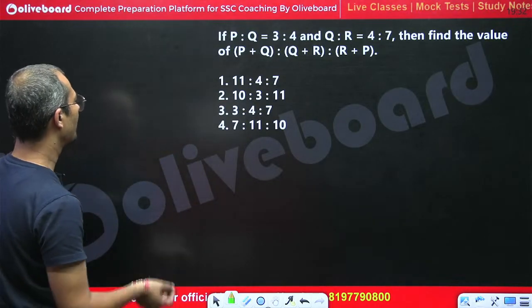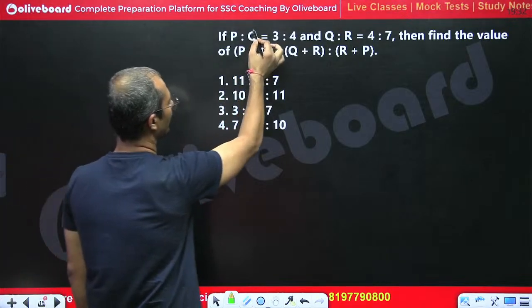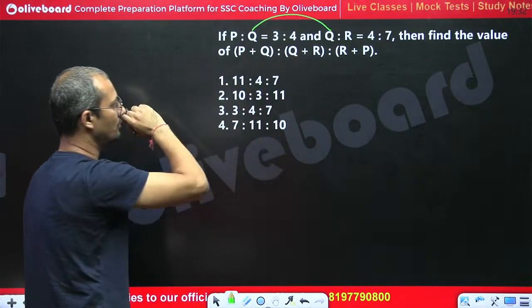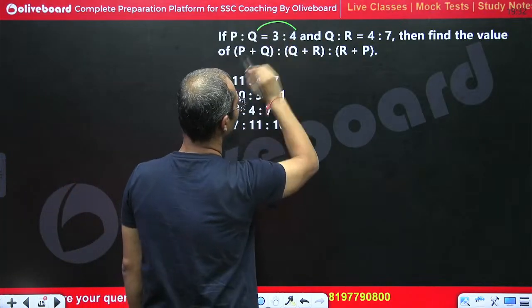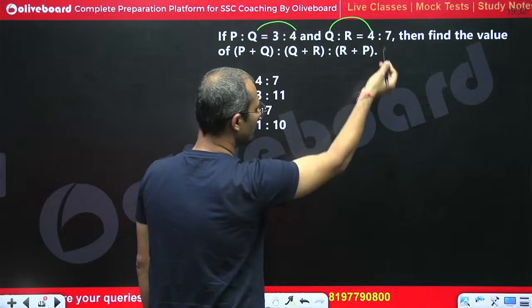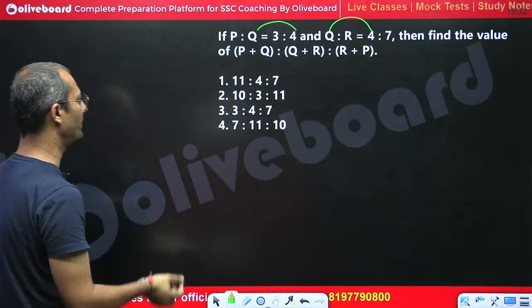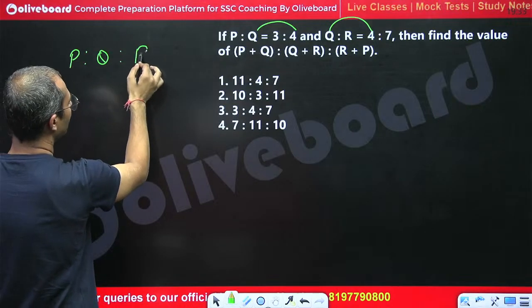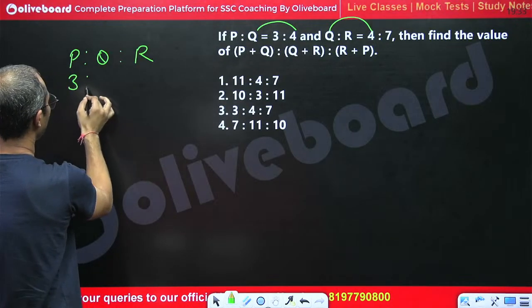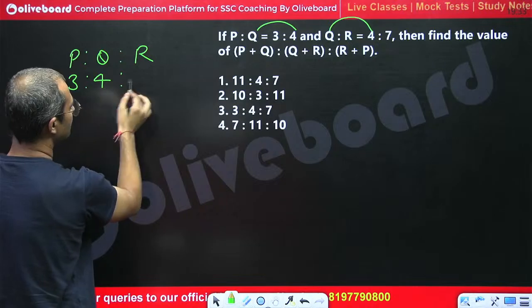So here common term is Q. See, common term is Q and which is equal. In the first ratio Q is equal to 4 units and in the second ratio Q is also equal to 4. So we can say that the ratio of P is to Q is to R would be equal to 3 is to 4 is to 7, right?